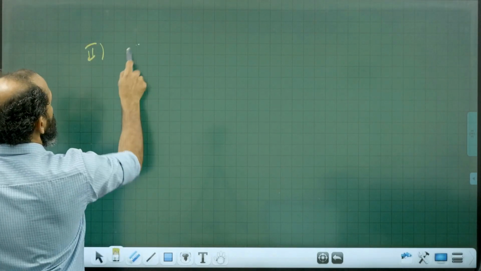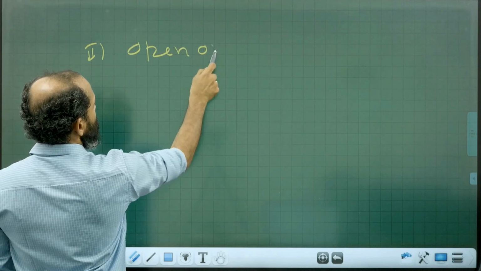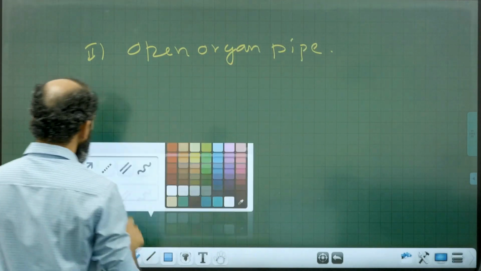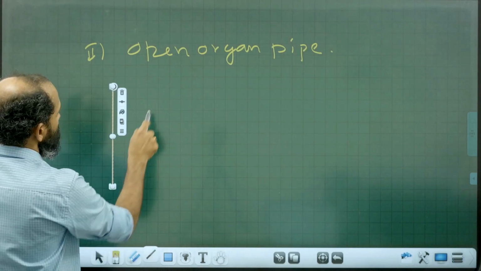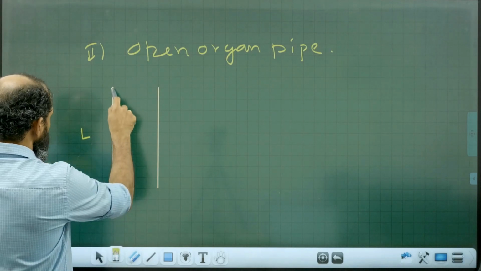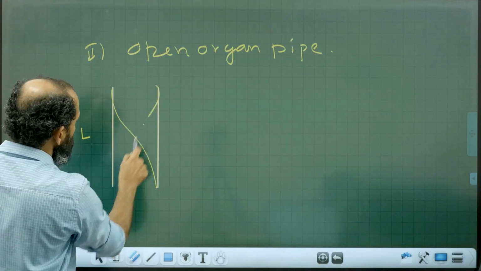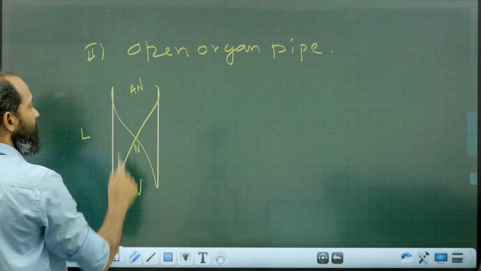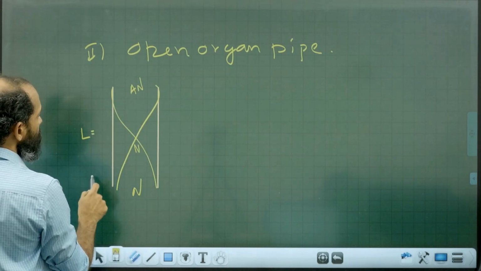Second type, open organ pipe. In an open organ pipe, the pipe is open from both ends, and its length is L. Then the first possibility is to have two antinodes at the ends with one node in between. So L is equal to what?